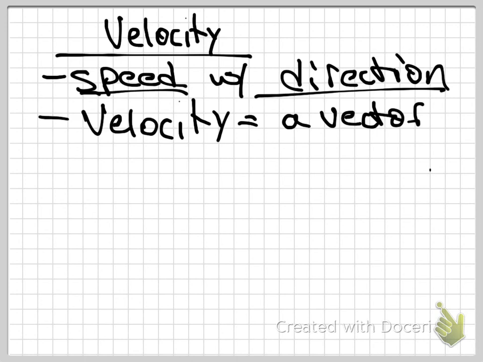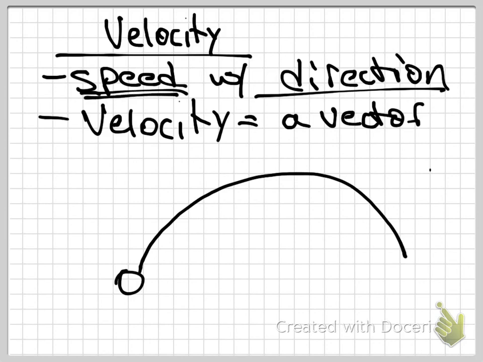So now when we talk about objects moving in two dimensions, right, we've got an up and down and a horizontal. Things can move in, so we have a ball here, it can move in a curved path. Now it could be moving at the same speed, but its direction is going to be constantly changing.